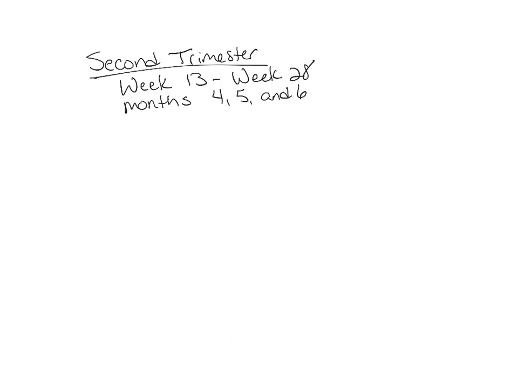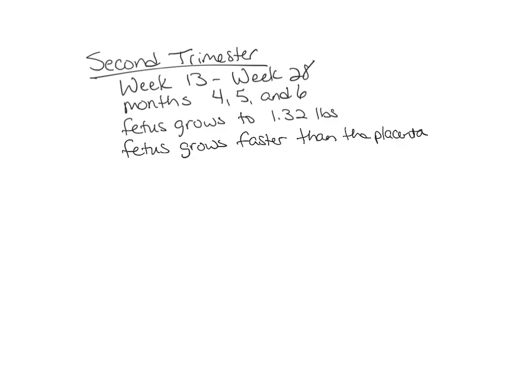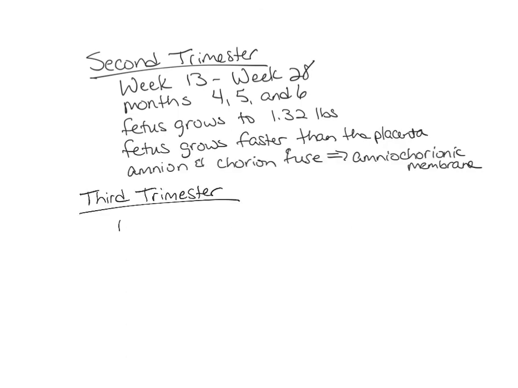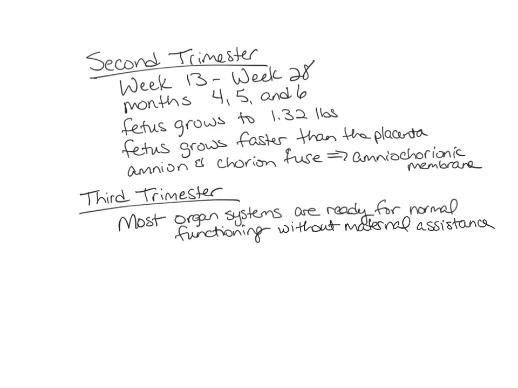In the second trimester, the fetus grows to 1.32 pounds. The fetus during the second trimester grows faster than the placenta. The mesoderm from the amnion and chorion fuse to form the amniochorionic membrane. In the third trimester, most organ systems are ready for normal functioning without maternal assistance.